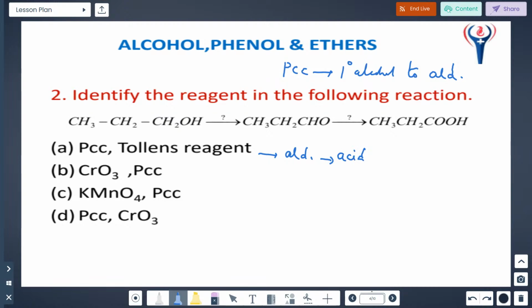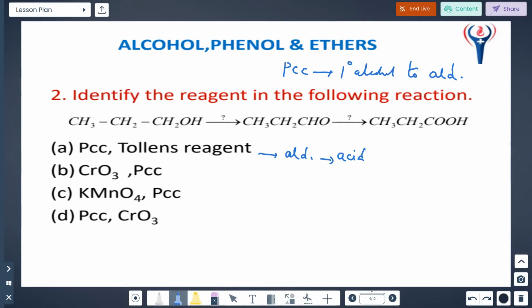All these are strong or mild oxidizing agents. Chromic oxide, as I told you in the previous sum, converts secondary alcohol into ketone. KMnO4 converts primary alcohol into carboxylic acid. So each and every reagent has some role. If you know the roles, you can solve the sums.